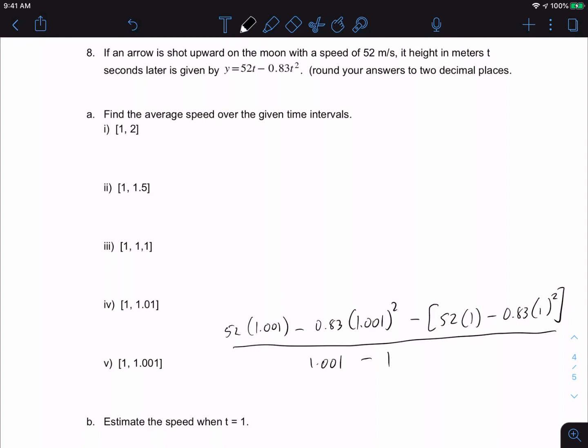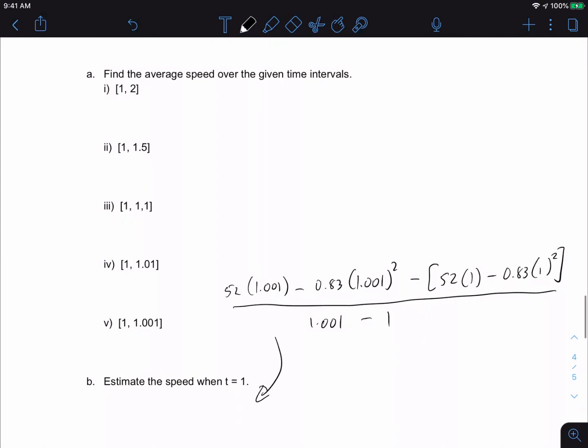Okay? And whatever that ends up being, that answer is pretty much the same as the estimate that you're trying to do. Right? But for each one of these, all you're doing is finding the slopes. And that's the process to find the slopes. Are there any questions on that one? No? Okay.